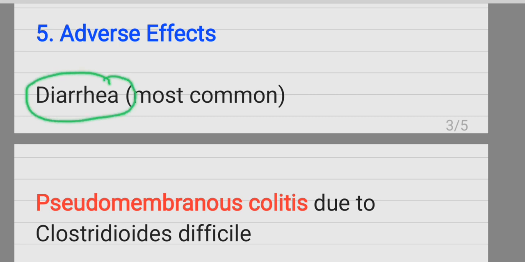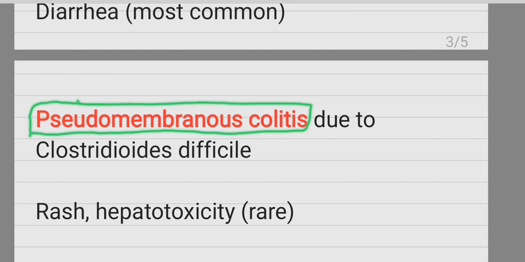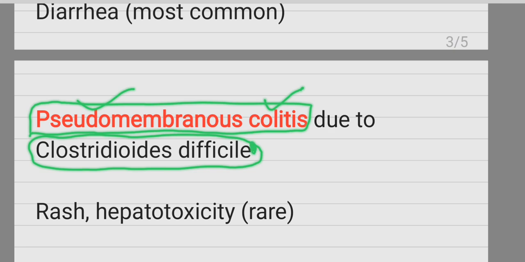Diarrhea is the most common side effect and it is seen with many antibiotics. But the important one is pseudomembranous colitis, because clindamycin helps Clostridium difficile to proliferate in the intestine by killing other bacteria in the intestine, and therefore pseudomembranous colitis is a classic side effect of clindamycin.